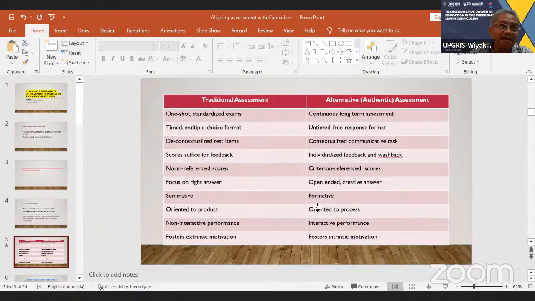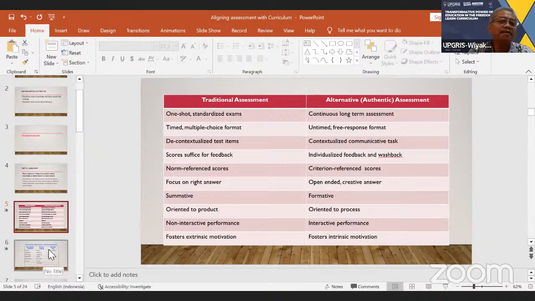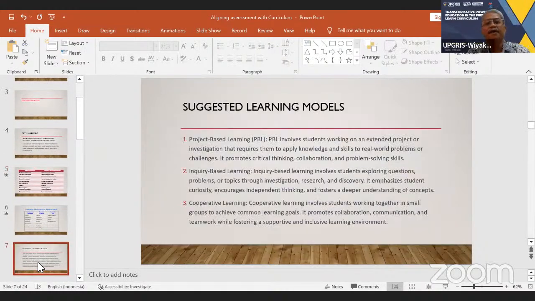This is very instrumental, not integrative. Students study hard not because they want to know something or acquire some competencies, but just because their parents probably force them to get good grades in the examination. So this is very traditional. Okay, and now we have to move to what is in the curriculum now.